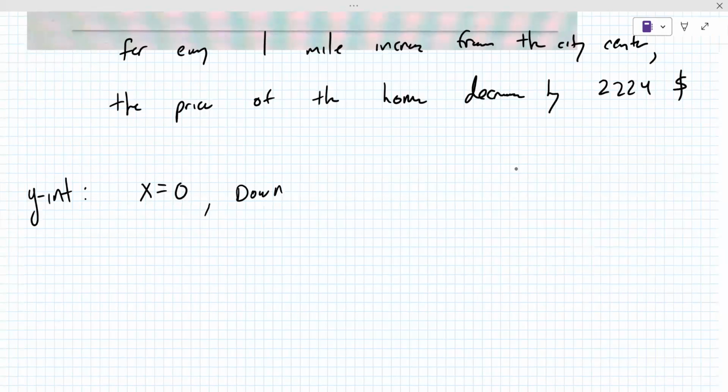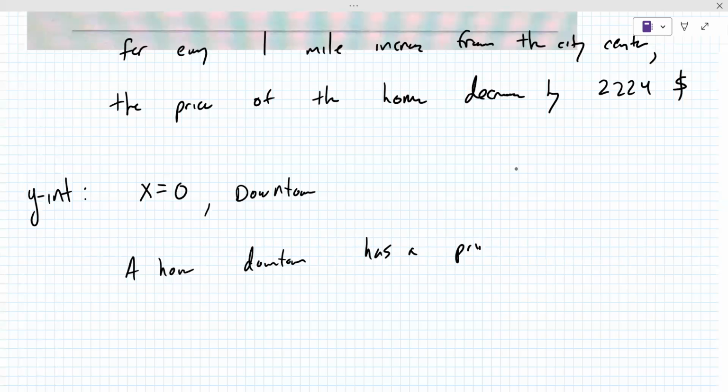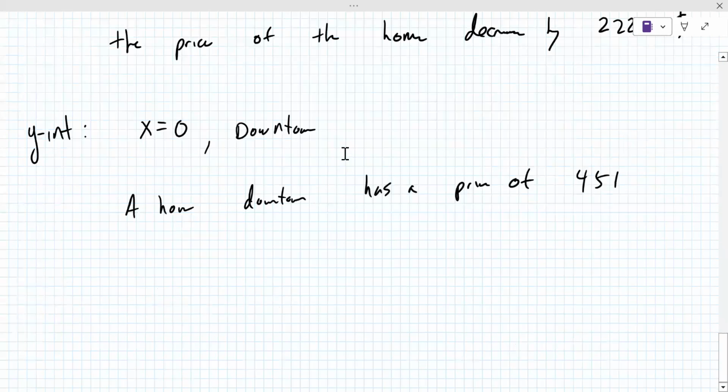You would say a home downtown has a price of whatever that y-intercept is. I think we said 451,183. Yeah.